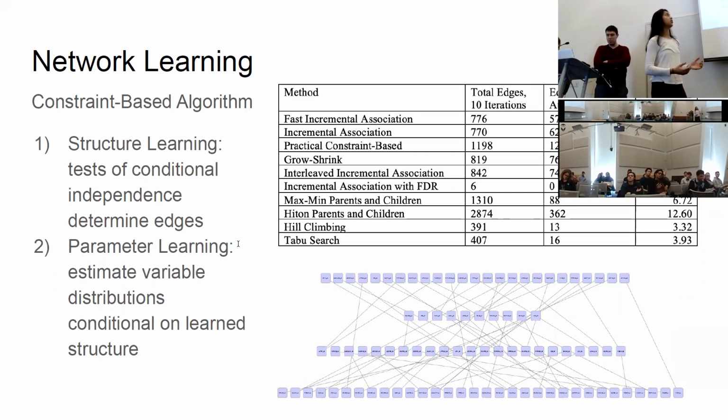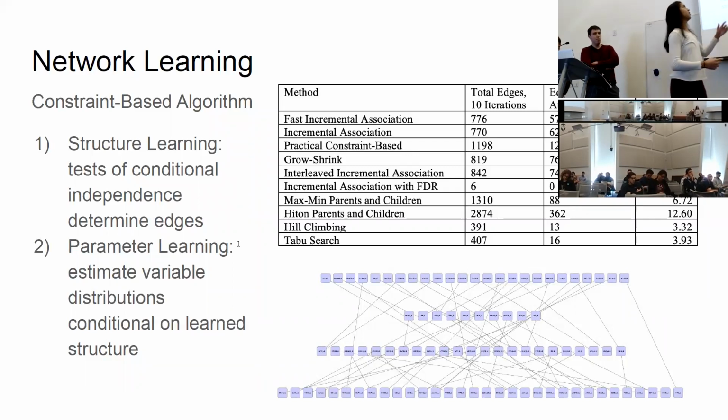The best algorithms that we were able to find were the constraint-based algorithms. These take a two-part process in which the first step is using confidence tests to figure out if there's conditional independence between 2 genes.